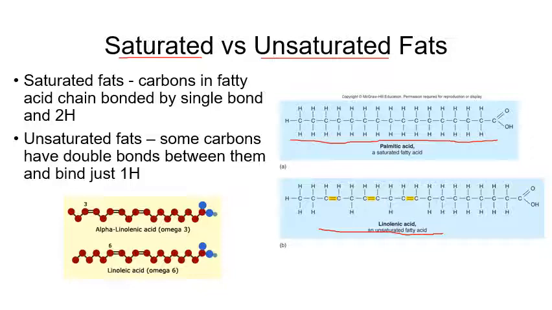Unsaturated omega-6, or you've probably heard of fish oils, omega-3 fatty acids. Those are unsaturated. In the saturated, all these carbons besides this end carbon are bound to hydrogen only. Unsaturated fats have double bonds, so this carbon isn't bound to 2 hydrogens because of that double bond.